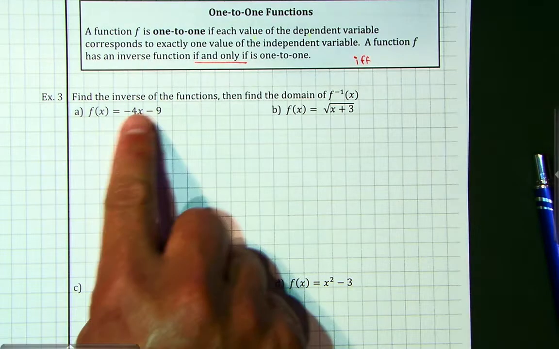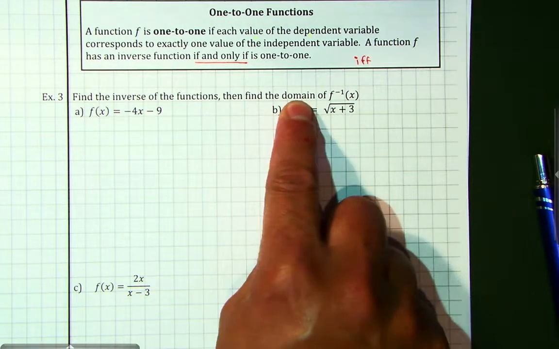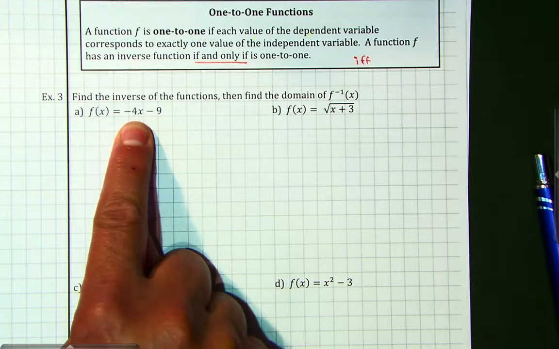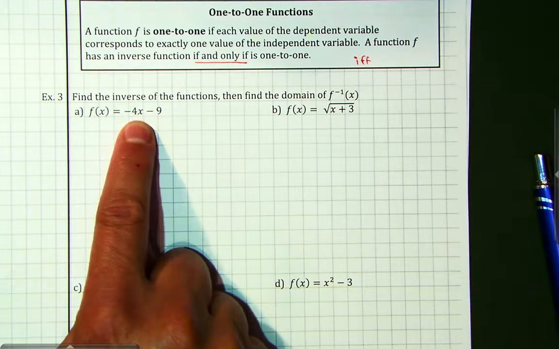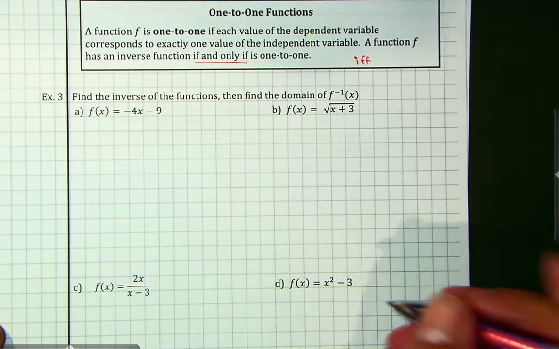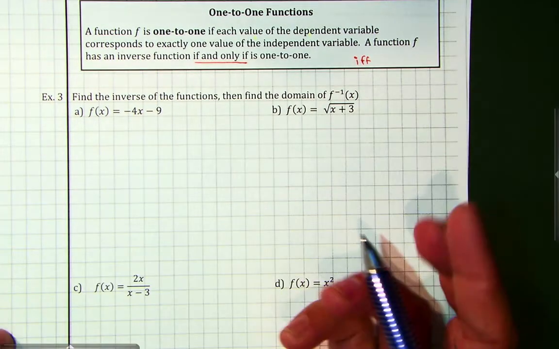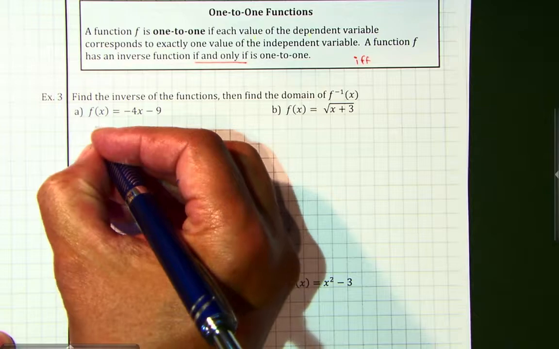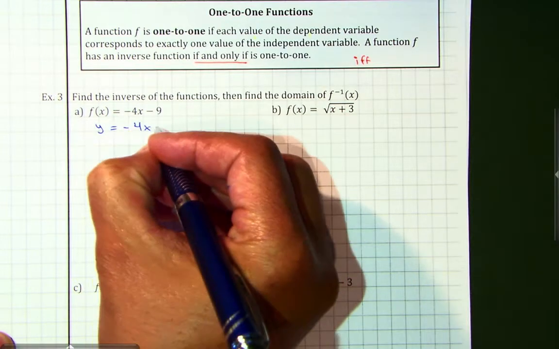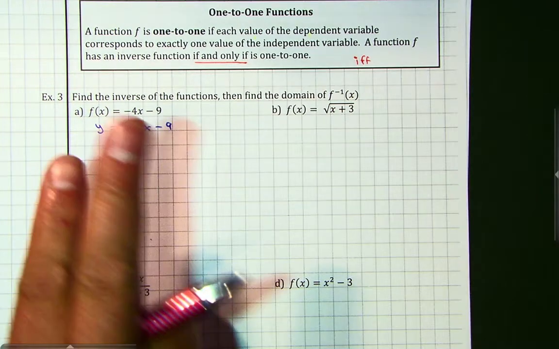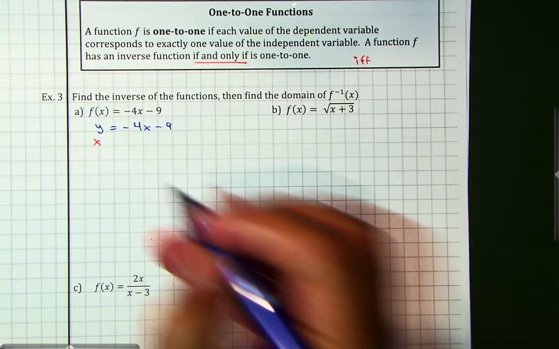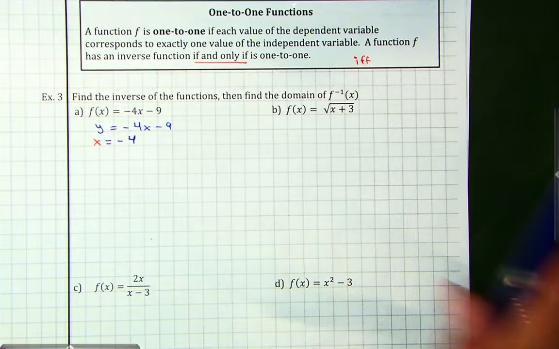So find the inverse of the functions, then find the domain of the inverse. Let's go and find the inverse for this function. Let's try the first one. So let's see. To find the inverse, you're going to follow 3 steps, right? The f of x becomes y. And now we're going to interchange the values. The y becomes the x, and the x becomes the y.